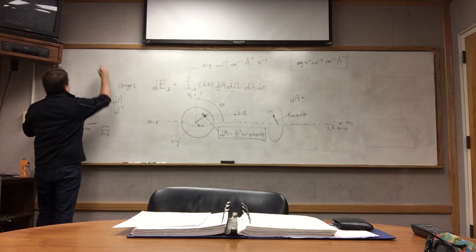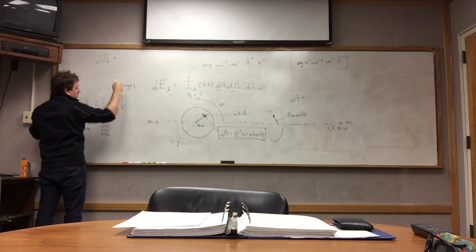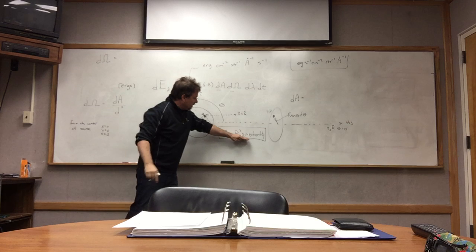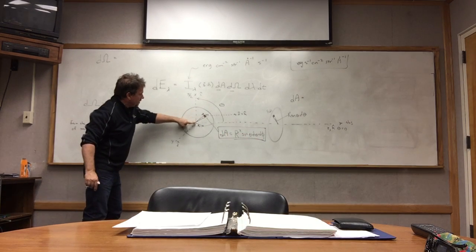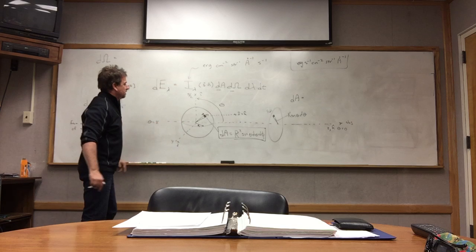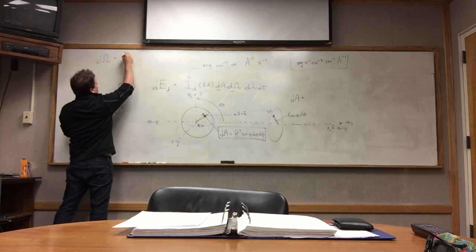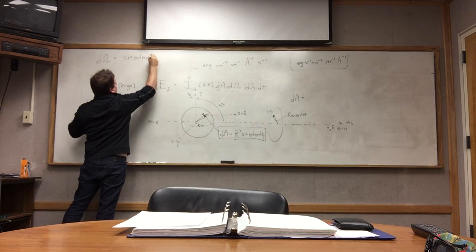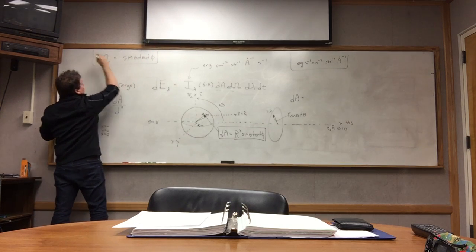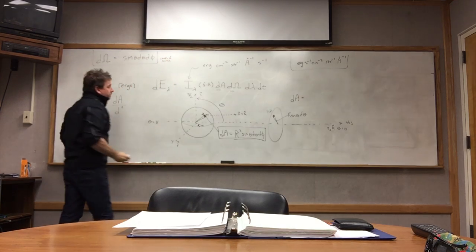So in that case, d omega is equal to r squared sine theta d phi divided by, what's the distance to it if we're here? R, distance squared. So the dA becomes sine theta d phi, if from the center of the source. Okay?